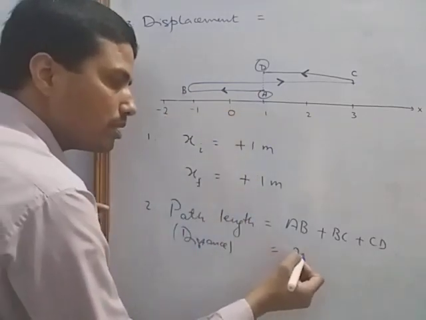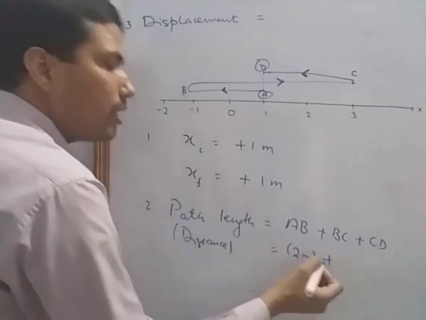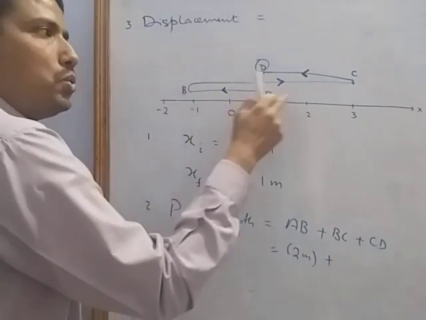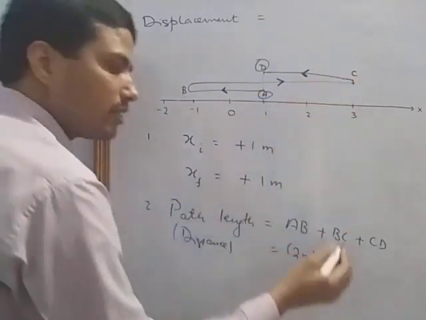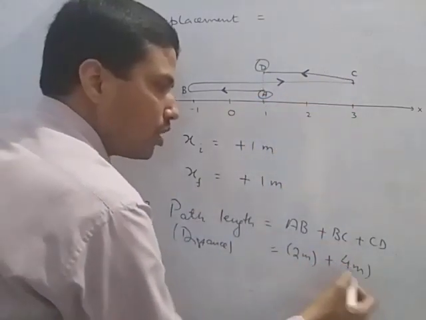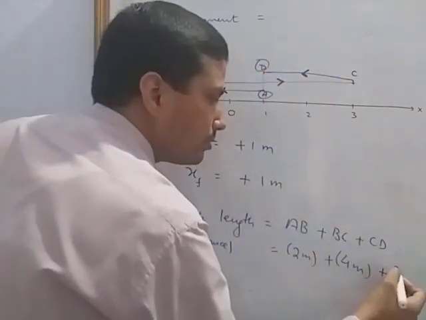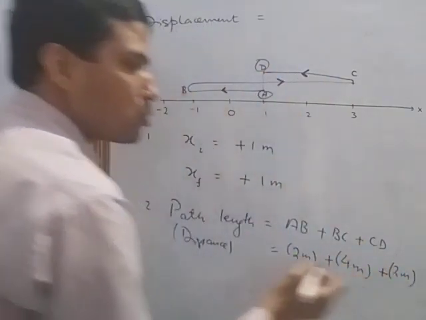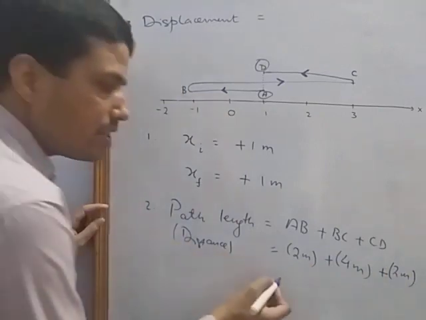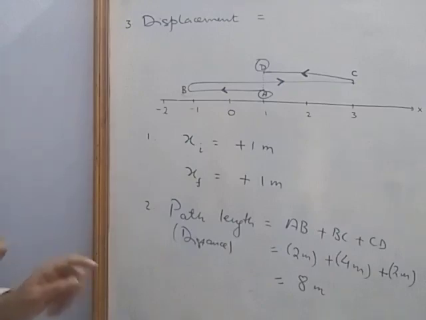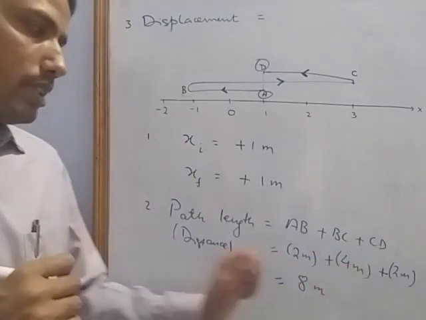So it is 2 meters. How much is B to C? 1, 2, 3, 4. So 4 meters. And how much is C to D? 1, 2, 2 meters. So total how much does it become? 2 plus 4 plus 2, that is 8 meters.